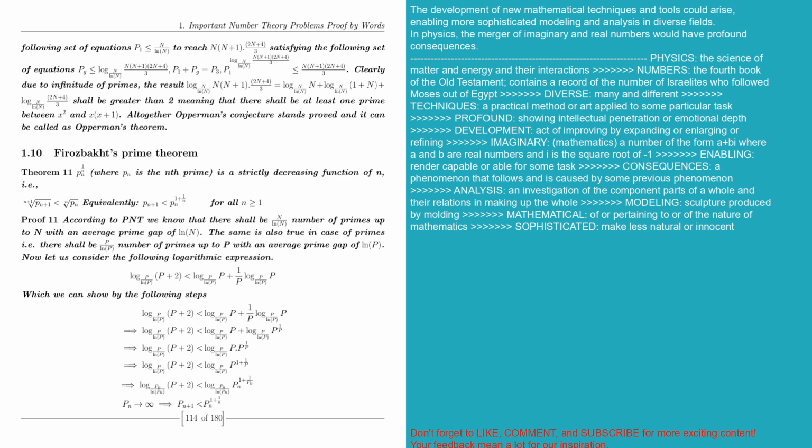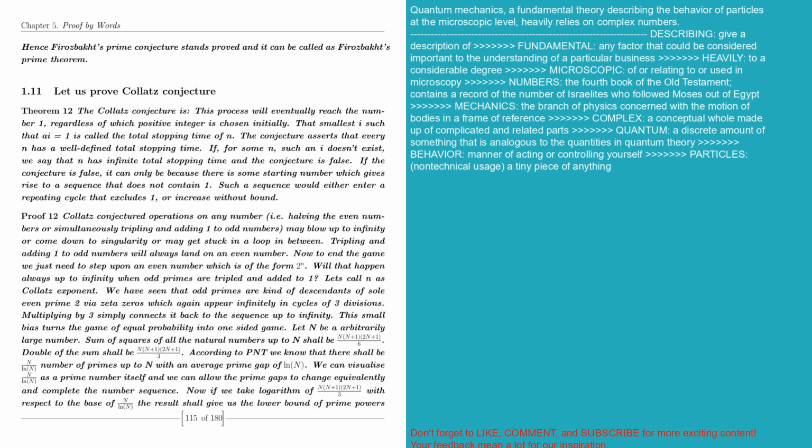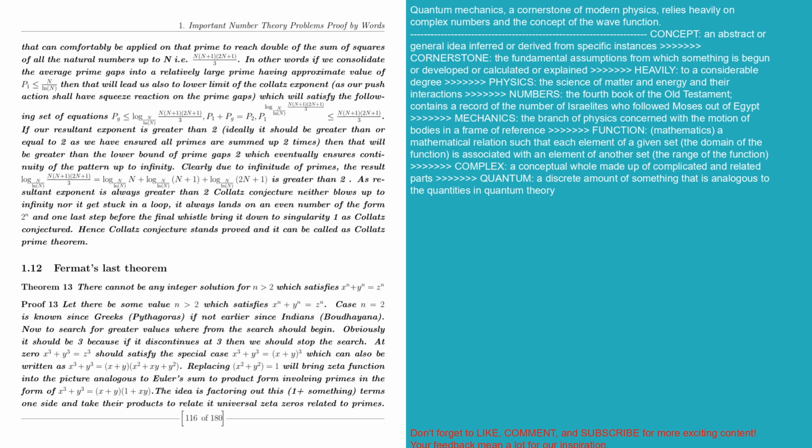In physics, the merger of imaginary and real numbers would have profound consequences. Quantum mechanics, a fundamental theory describing the behavior of particles at the microscopic level, heavily relies on complex numbers. Quantum mechanics, a cornerstone of modern physics, relies heavily on complex numbers and the concept of the wave function.